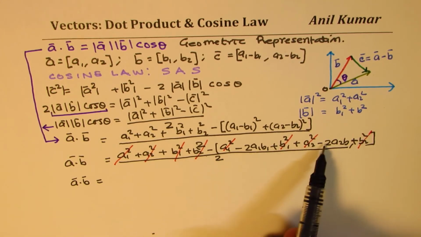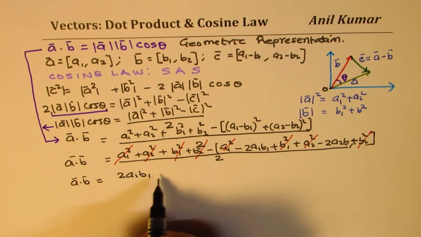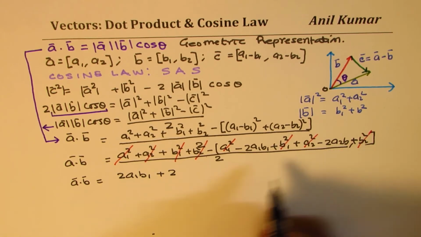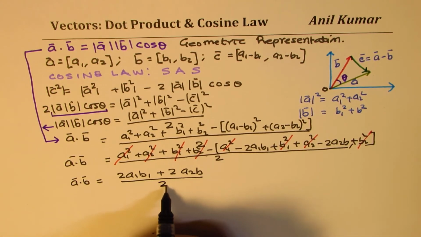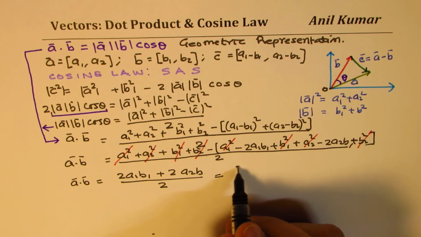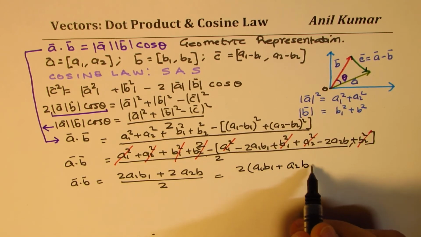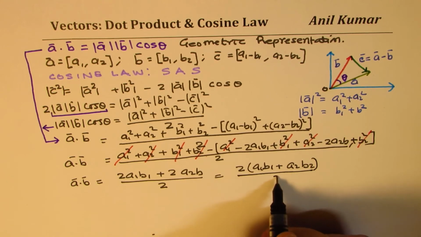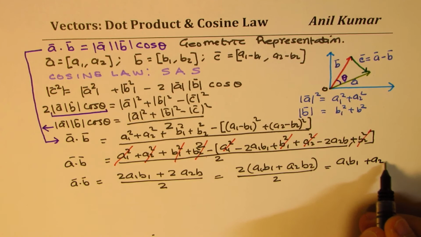This 2, okay. So we get A dot B is basically equal to what? Minus makes them positive, both of them, right? So we get 2A1B1 plus 2A2B2 divided by 2. Now we can take 2 as a common factor, so we get A1B1 plus A2B2 divided by 2, right? Which is only A1B1 plus A2B2.